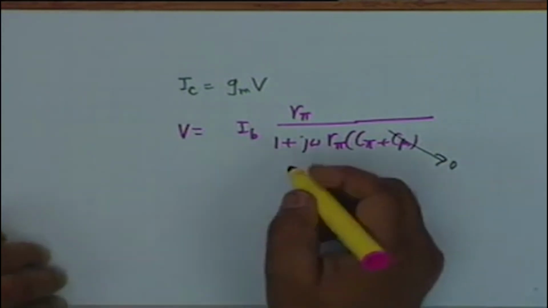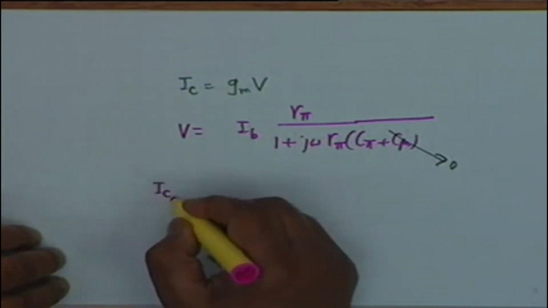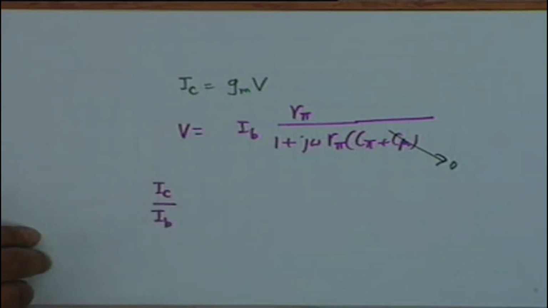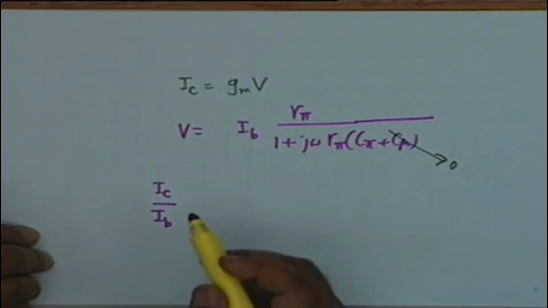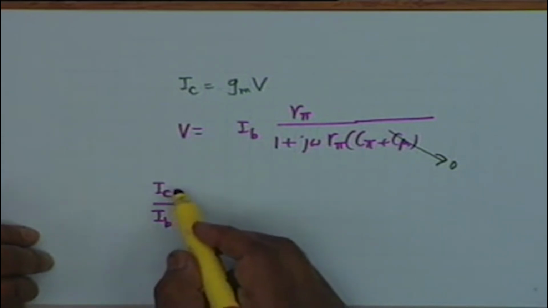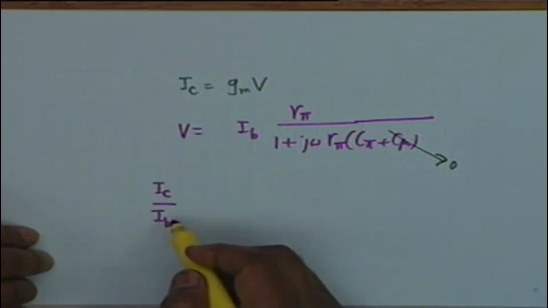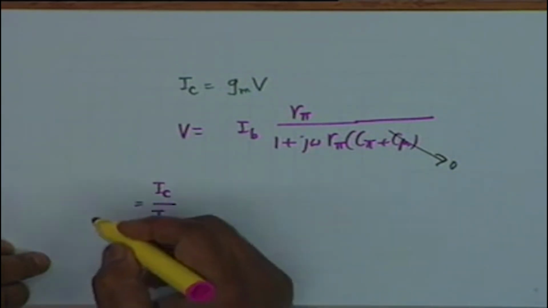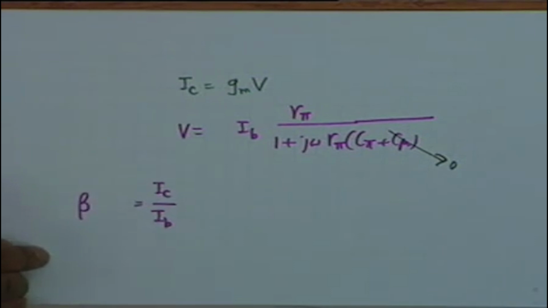Alright, so you can now write I sub C by I sub B, the short circuit output current divided by the input current, the base current, and this quantity is represented as beta.